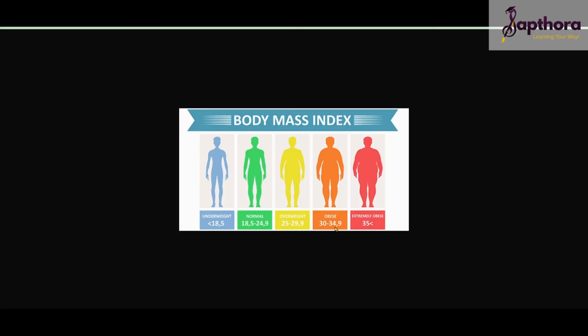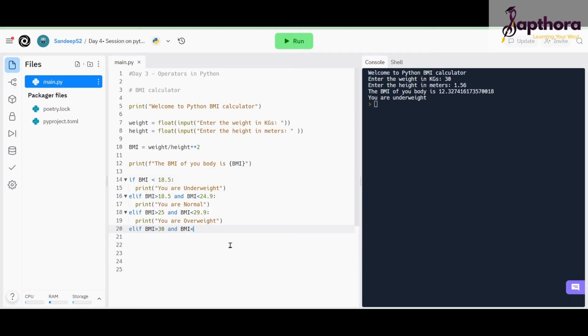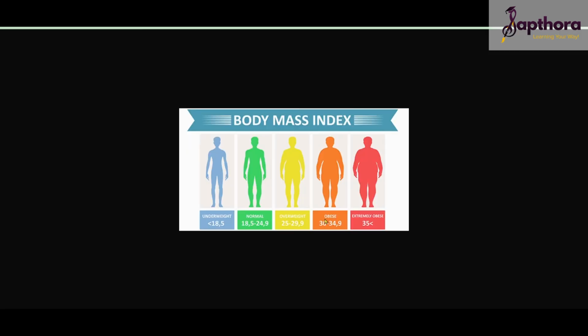So we'll see again 34.9, right? So if the BMI is 34.9, then print you are obese. See here, you are obese.